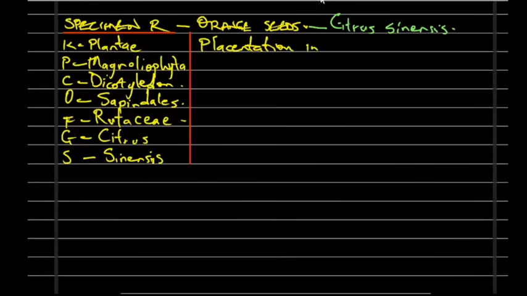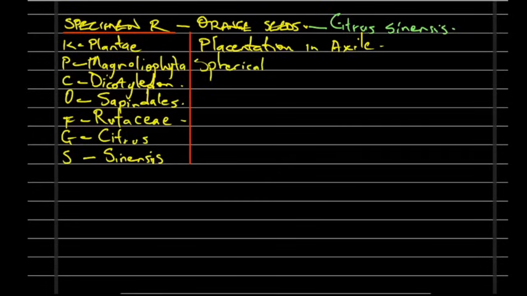Placentation in the orange seed is axial. The placentation is axial, and it has a spherical peel. So when we look at the orange fruit itself, it has a spherical outer peel, called the epicarp, with an underlying fibrous layer.